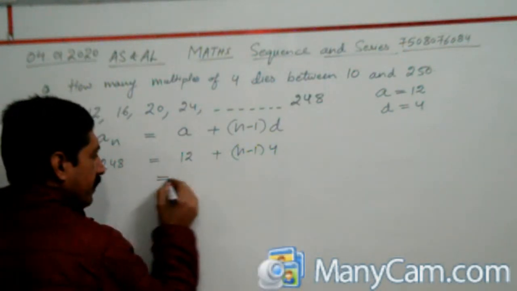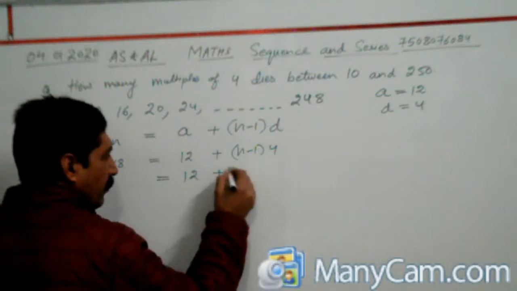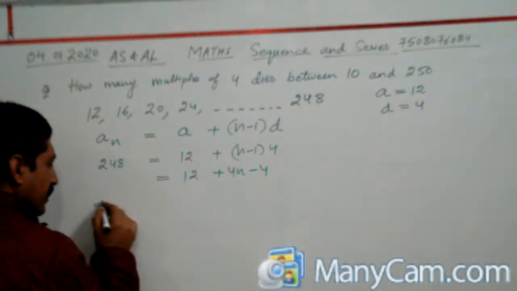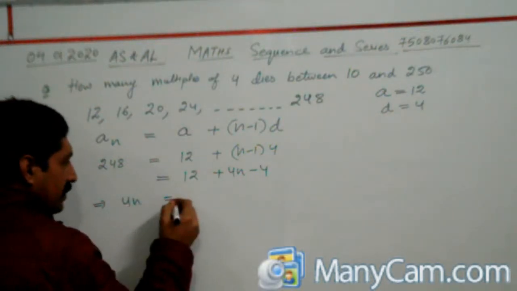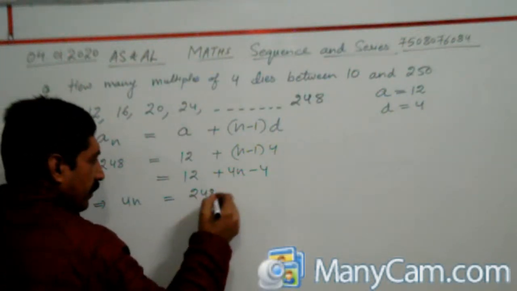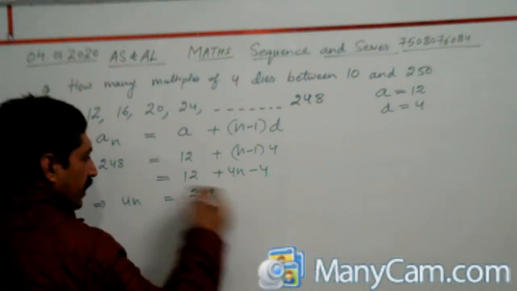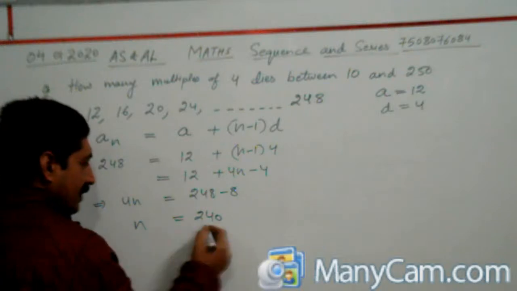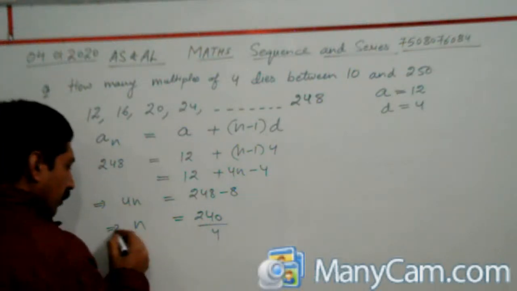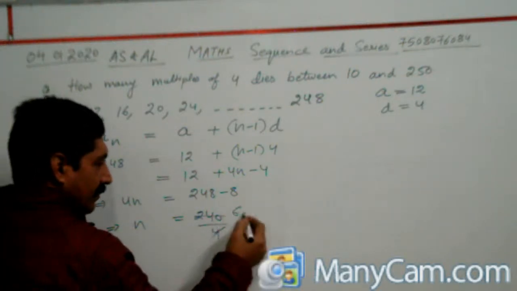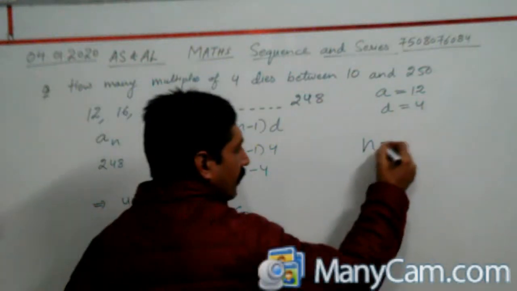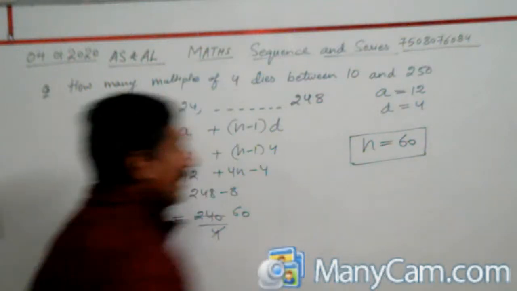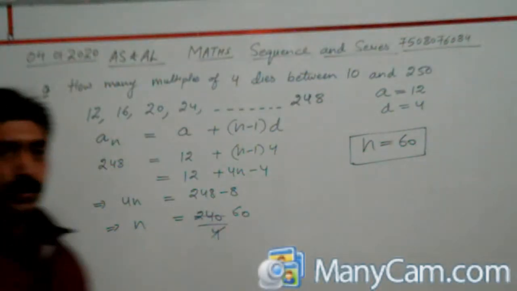When we solve it, we get 12 plus 4n minus 4. If we interchange the sides, 4n is equal to 248 minus 8, so we have 240, and the value of n is 60. So there are 60 multiples of 4 which lie between 10 and 250.